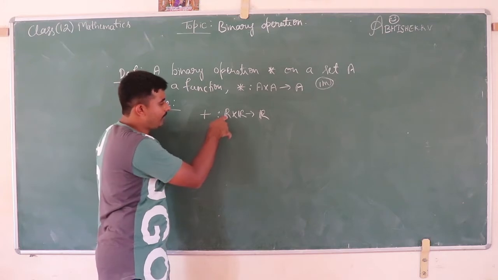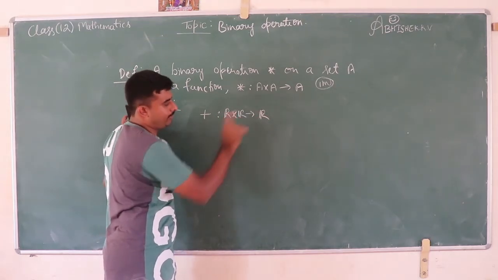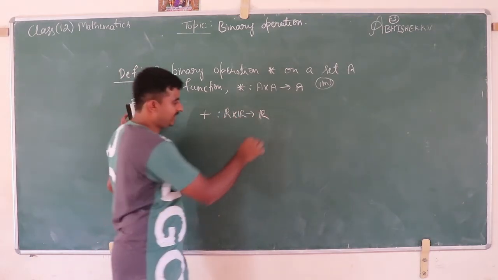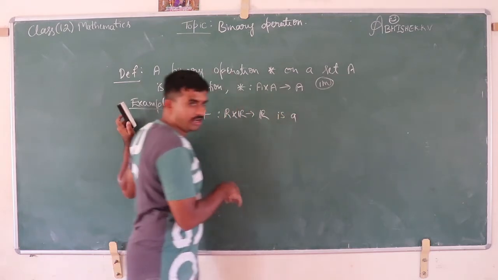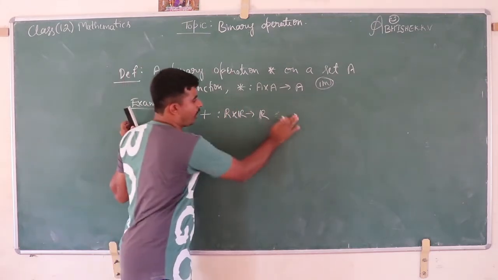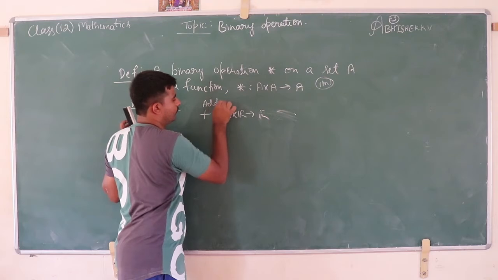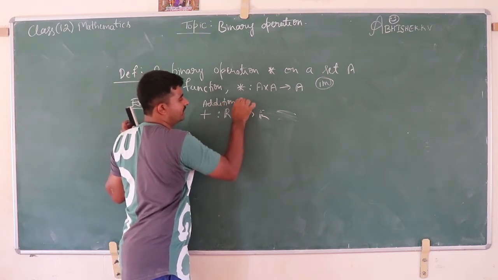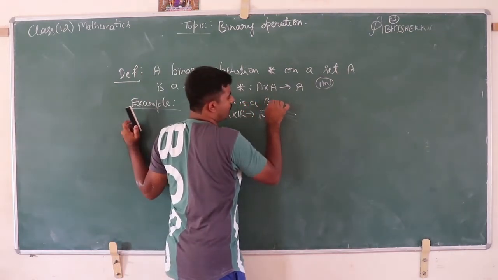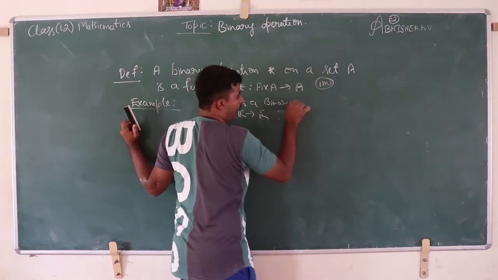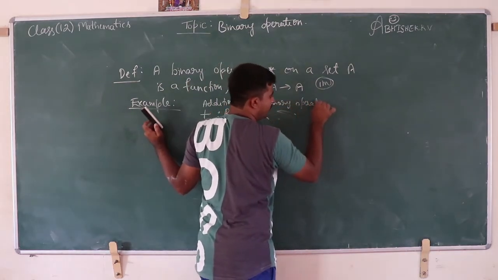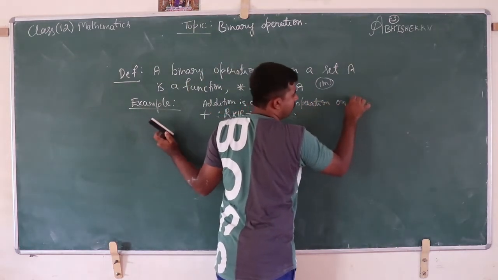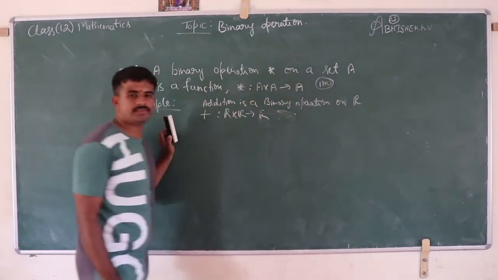Therefore, addition from set of real numbers cross set of real numbers to set of real numbers is a binary operation. Addition is a binary operation on the set of real numbers.